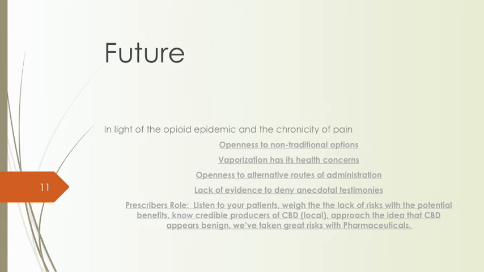I think that as prescribers and as clinicians, we need to be aware of the research. I think we have to frequently look back at the research, and look at future research. And I think that we need to know the sources. Where is the CBD, where's the hemp coming from?